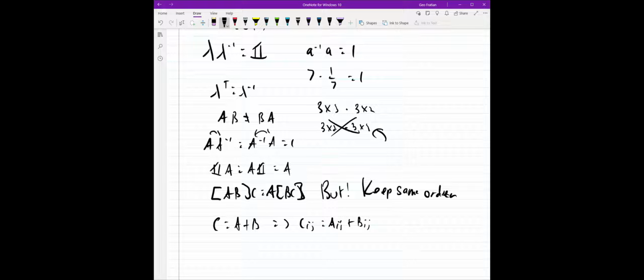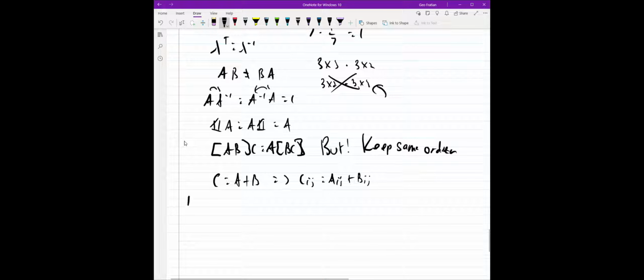Okay. I'm just reading about the geometric significance of transformation matrices, which is the next topic, which I can briefly go over. Sorry, my handwriting is deteriorating. Significance of transformation matrices.